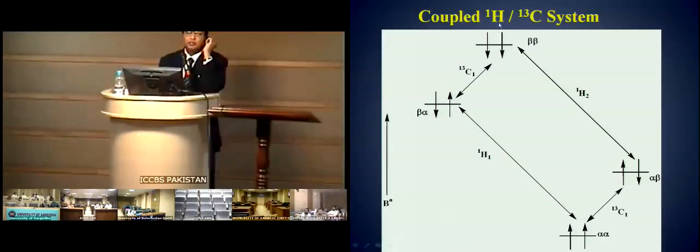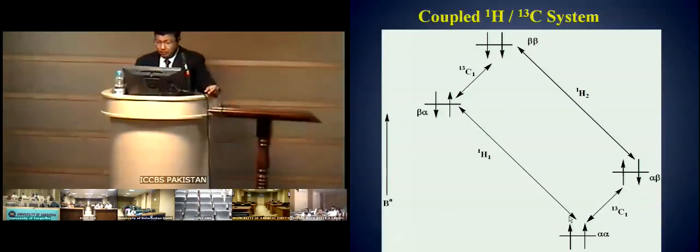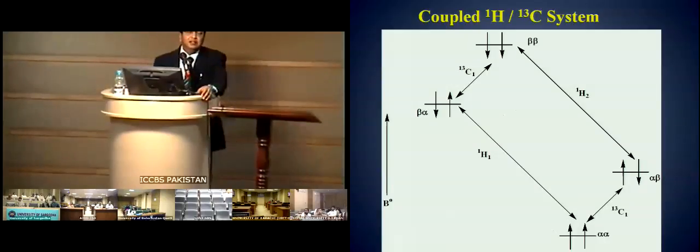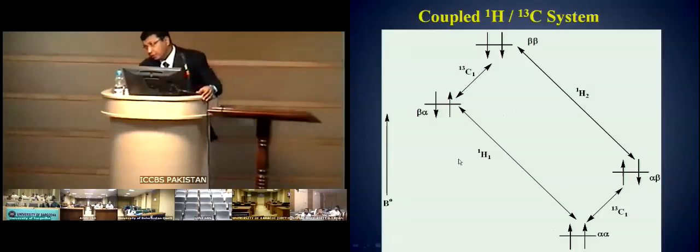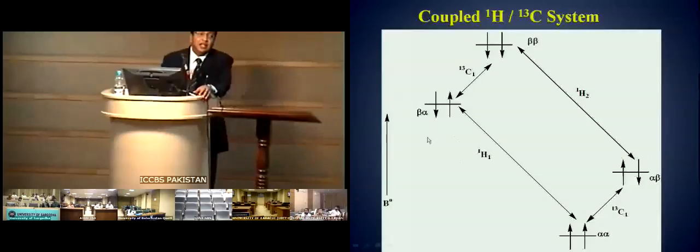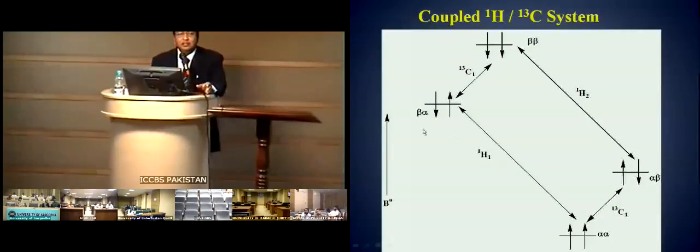This is a coupled proton-carbon system, CH. Always remember that every C13 which has a proton is coupled with that proton. Every proton is not necessarily coupled with C13, only 1%.